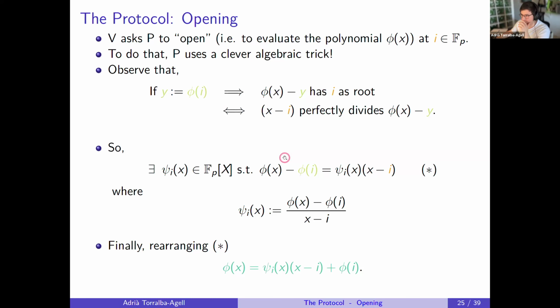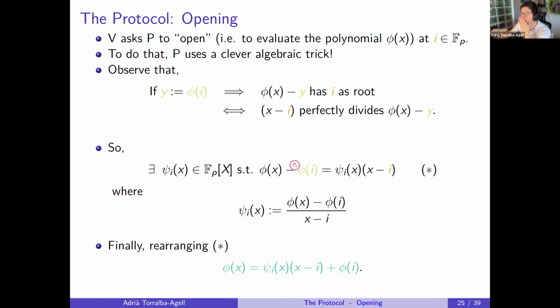So far, the prover has come up with this clever trick to prove to the verifier that she knows the polynomial without revealing the polynomial.